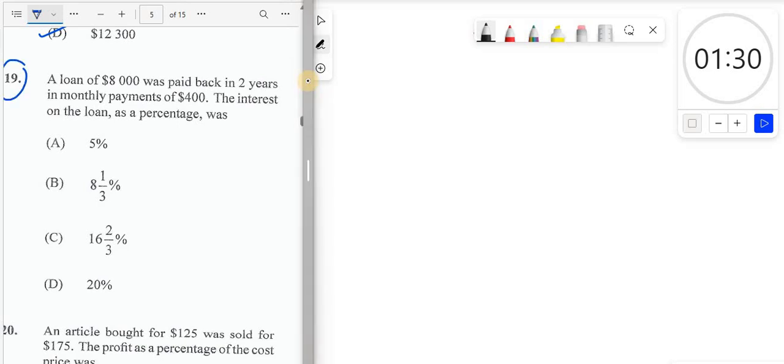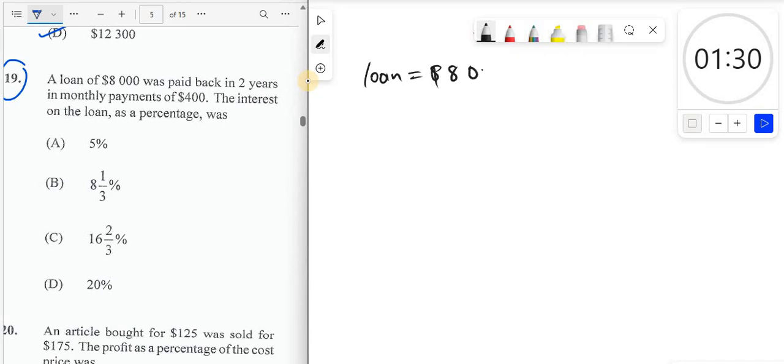But we're told here that somebody got a loan and this loan is $8,000. So you have to pay back this loan plus interest, of course. When you add the loan plus the interest, that's the total payment.